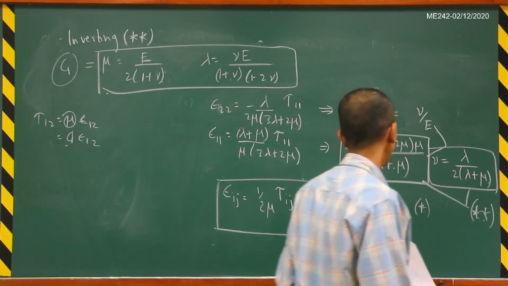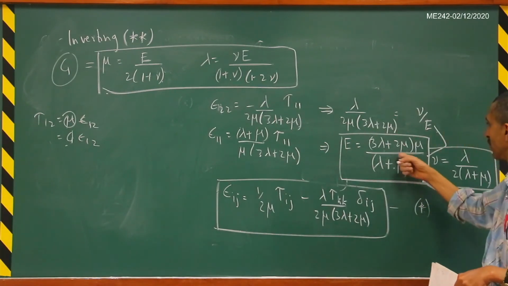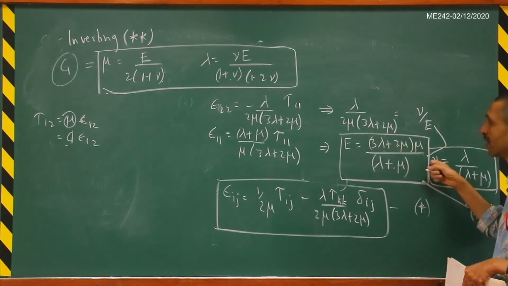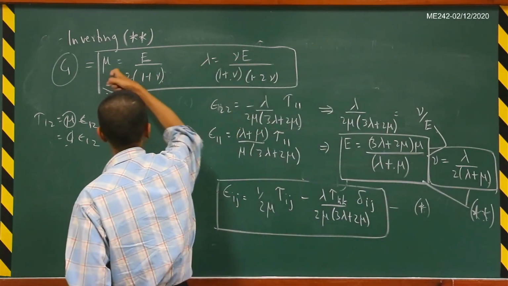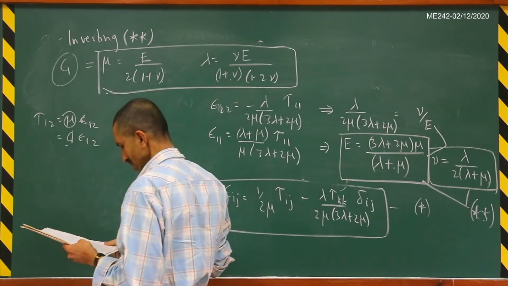So here you can see that if I give you lambda and mu, I can compute E and mu. Here in these relations, if I give you E and mu, I can compute lambda and mu. Right? So these are the inverse relations.